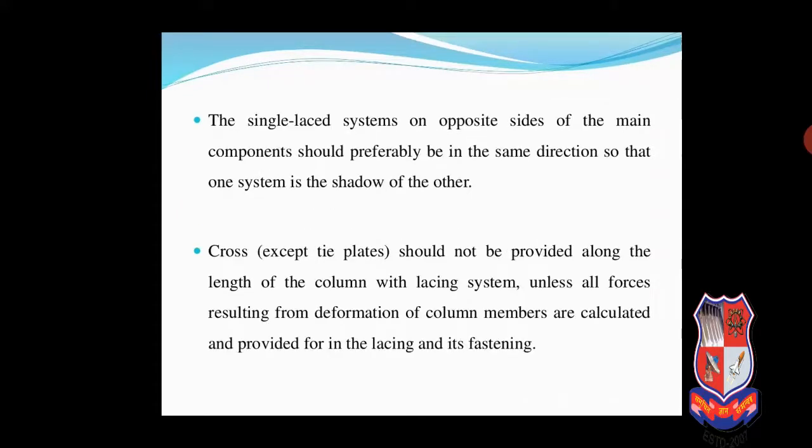Single lacing systems on opposite sides of the main components should preferably be in the same direction, so that one system is in shadow of the other. Cross members should be provided along the length of the column with the lacing system, unless all forces resulting from deformation of the column and members are calculated and provided for in the lacing and fastening.